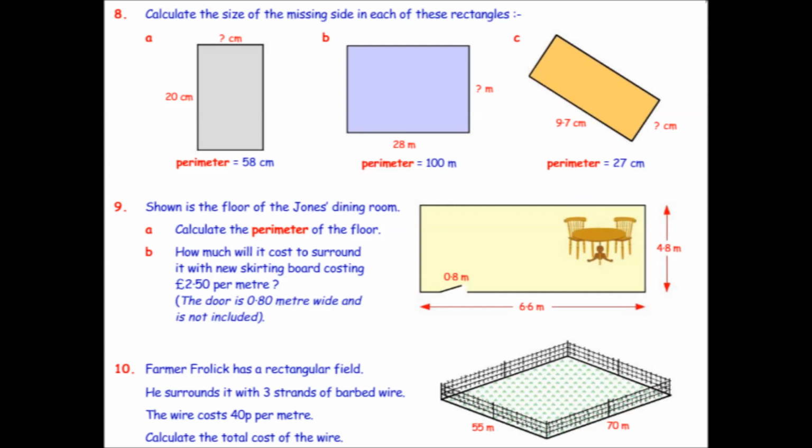He surrounds it with 3 strands of barbed wire. The wire costs 40p per metre. Calculate the total cost of the wire. So there's quite a few calculations there. Let's see how you get on with that. Any problems, please let me know, and I'm more than happy to help.